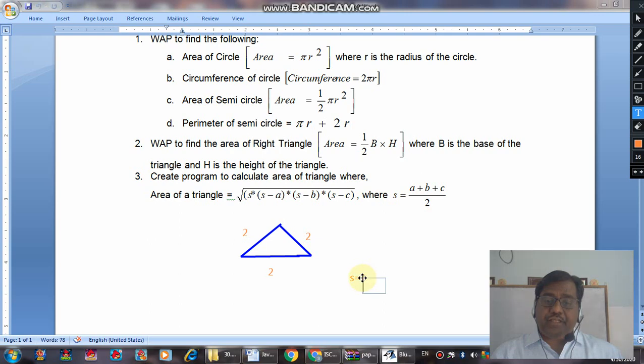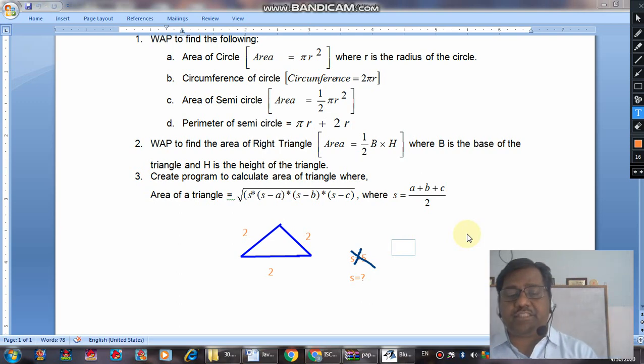Now suppose we take the value of S as 5, will it work? No, it won't work. That means it is wrong. Why is it wrong? Because S is to be calculated, and the calculation process is S equal to (a plus b plus c) by 2.